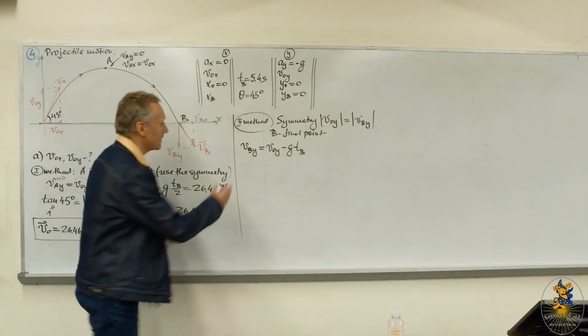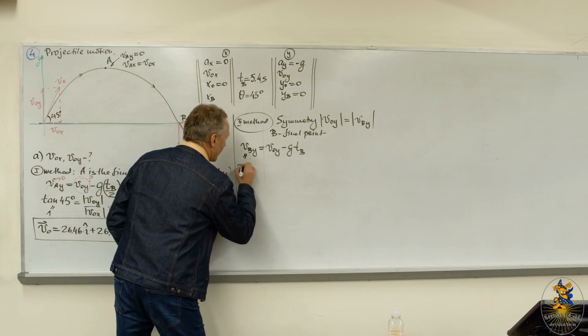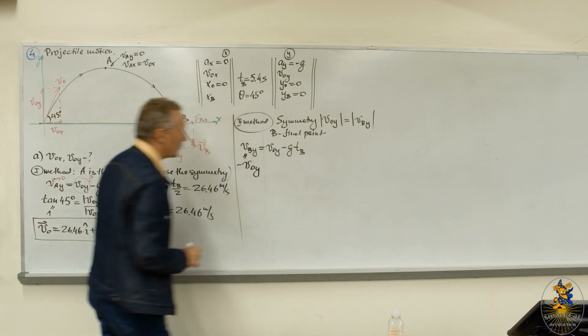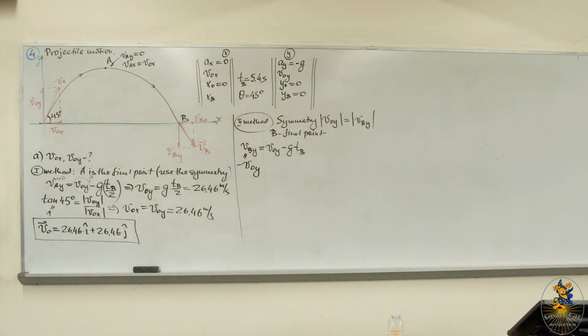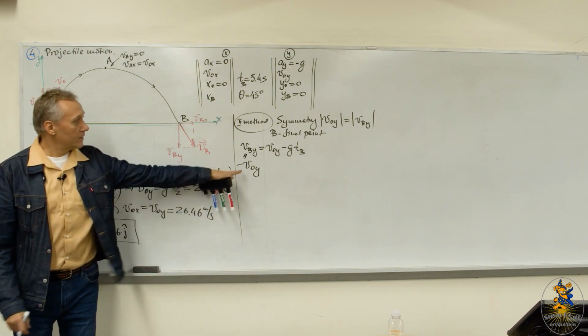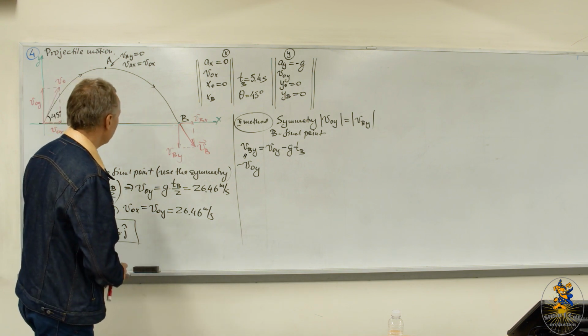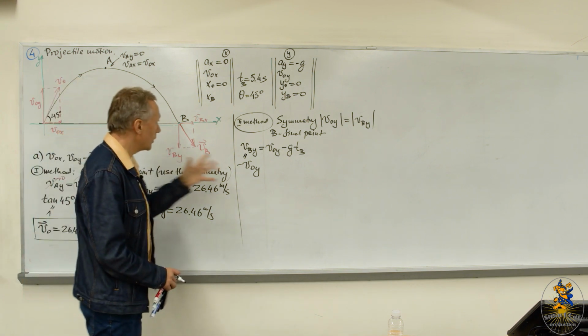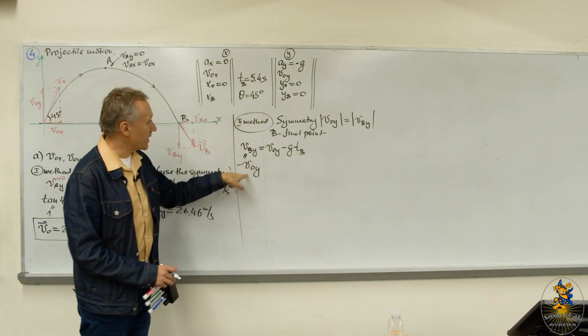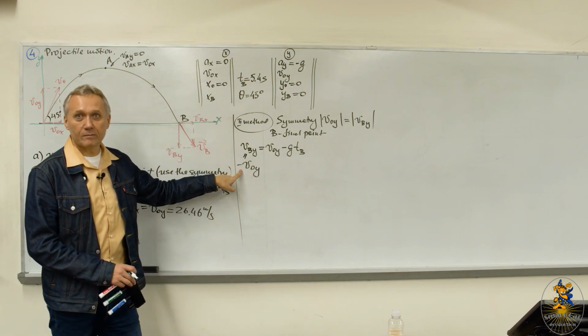And this equals minus v not y. Magnitude's the same, directions are opposite. We need to take care of the directions, right? So this is down, this is up. Right. Okay, so now we have the same and the same, but here is minus.